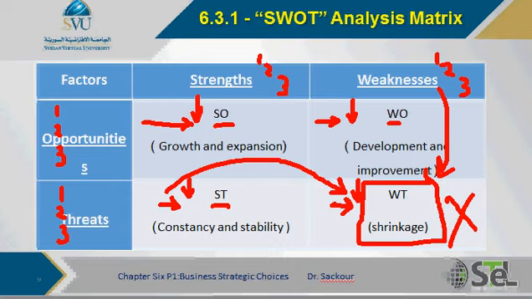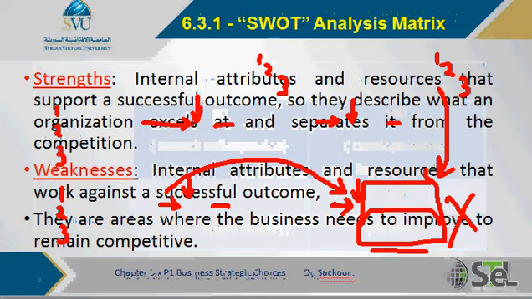Easy one? Hope so. In this very bad case, we choose shrinkage and getting backward, and maybe being acquired by another company. Okay, so we have this case here.